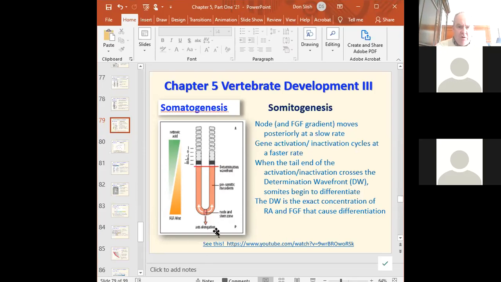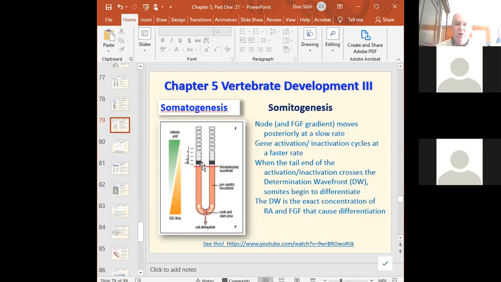So here is our presomitic mesoderm. Here's our stem zone. Cells get made here, and here are our gradients. So right here is called the determination wavefront, because as this node moves forward, the gradient of FGF and retinoic acid moves forward as well.